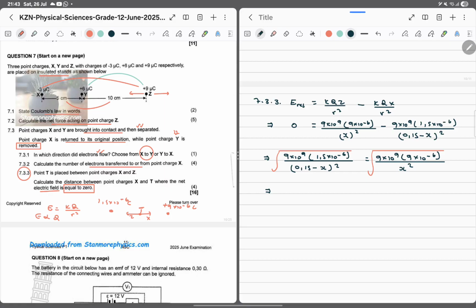So I'm going to take it as it comes out. So this is 30 root 5, no, 15 over, this one comes out as it is.